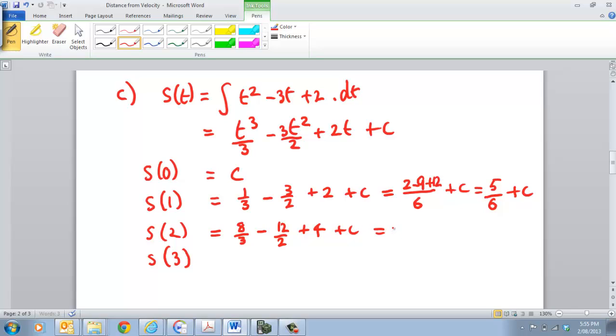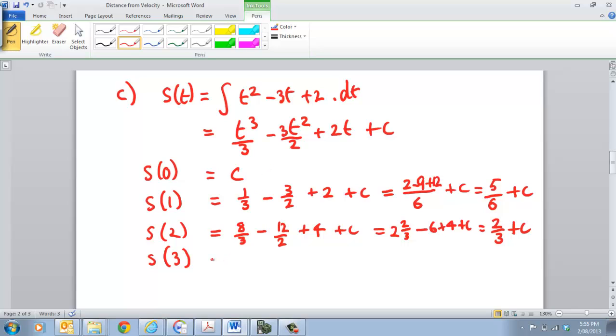So 8 on 3 is 2 2/3. I could say that is take 6 plus 4 plus c. So that's going to give me minus 2, so that's going to give me 2/3 plus c. I think I've done that right.